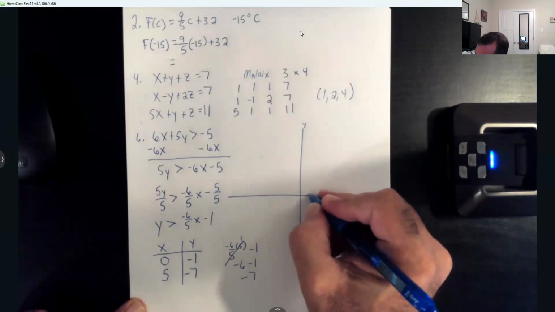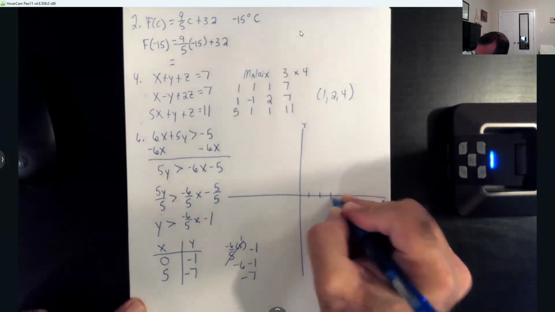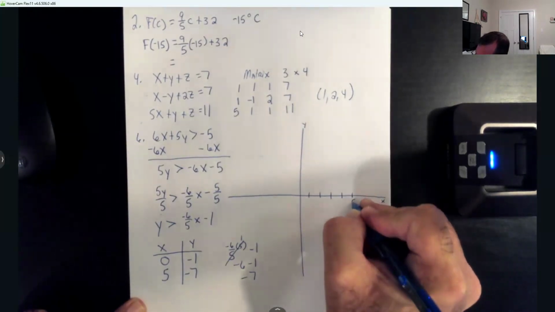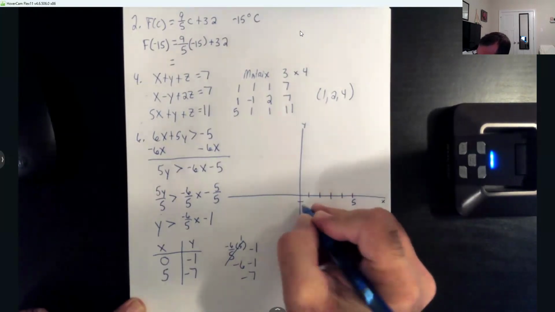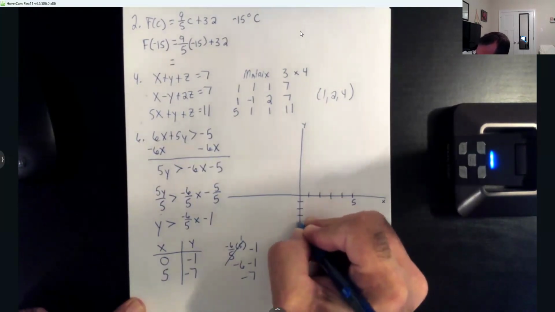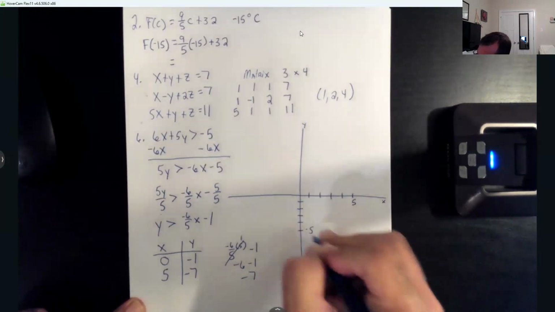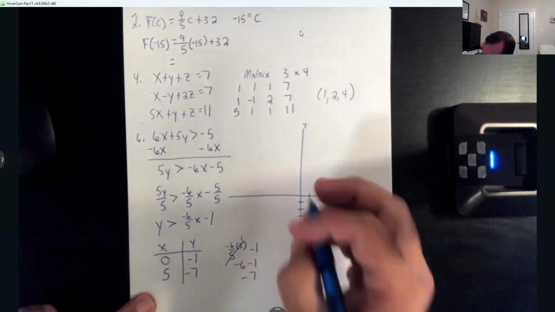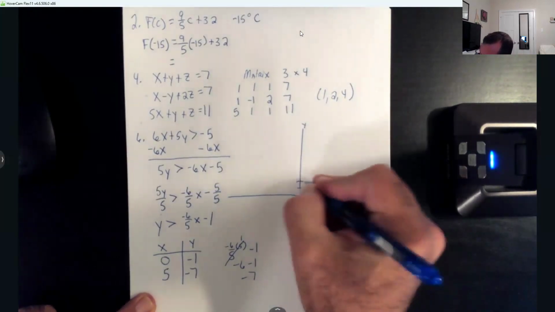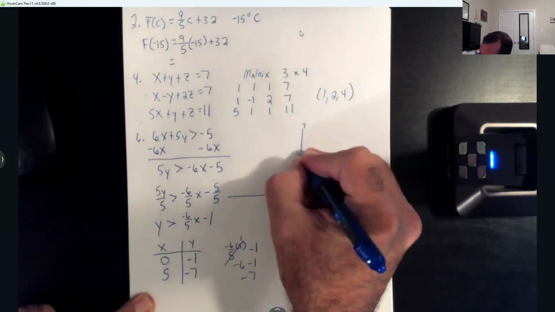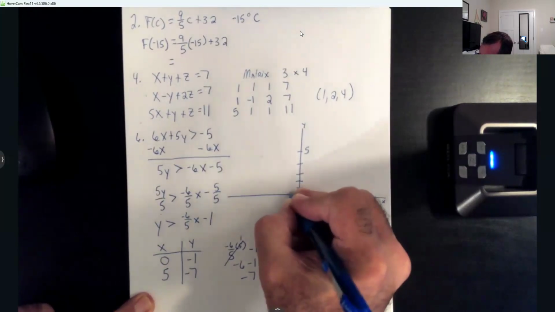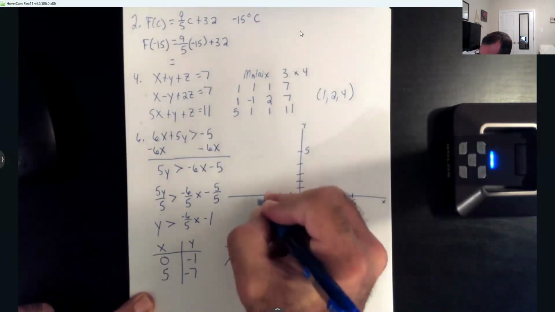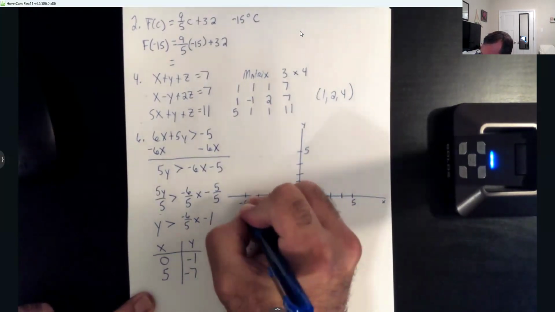All right, y'all. So let me go out 1, 2, 3, 4, 5. Negative 1, negative 2, negative 3, negative 4, negative 5. I need to go a little further with these because I had a negative 7 there. And then 1, 2, 3, 4, 5.